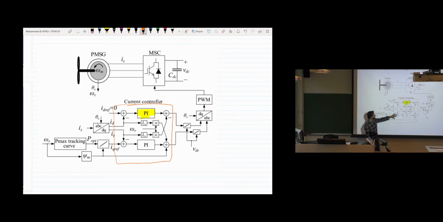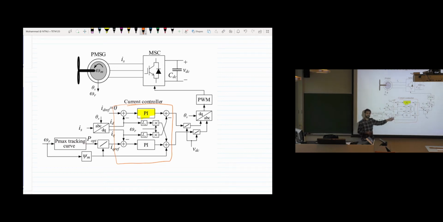And for this inner loop controller, the main reference that we give is the D-axis current and the Q-axis current. So now our task is how we can decide what would be the reference current for the D-axis and the Q-axis. And this is the control that will tell us what will be the D-axis and the Q-axis reference current. In order to set this D-axis and Q-axis current reference, we need to understand the operating principle of the machine.